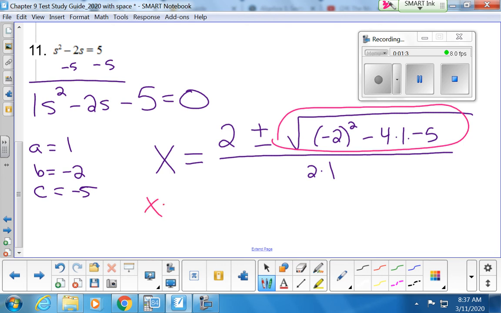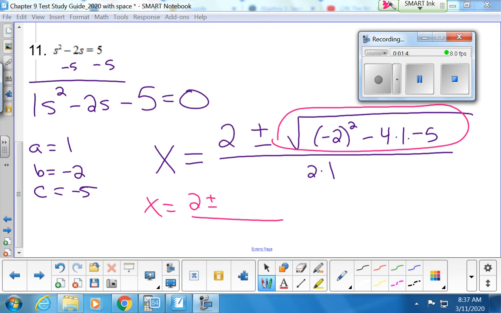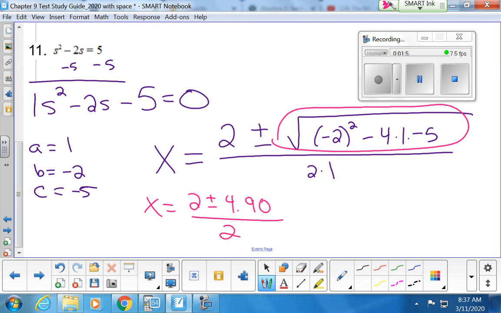It's a decimal. What did you guys get? We are rounding to the nearest hundredth, so I'm going 4.90. On the bottom, I do the 2 times 1 in my head. And then we get to finish it off.